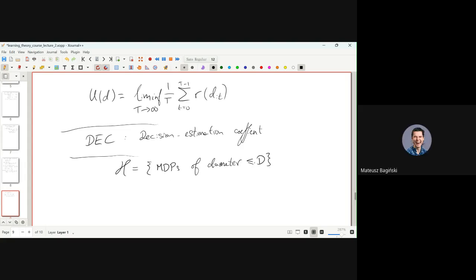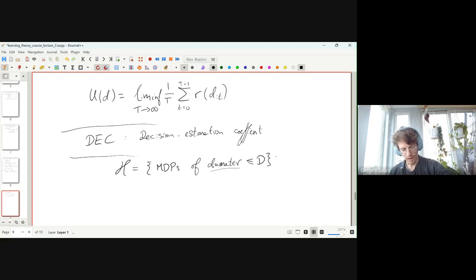What's the diameter of an MDP? I won't spell out the exact definition right now, but I probably will in week 4. To give you an intuition, an MDP has a number of states and certain transition probabilities, like taking action A, there's a 20% probability of going from here to here, and taking action B, a 10% probability.